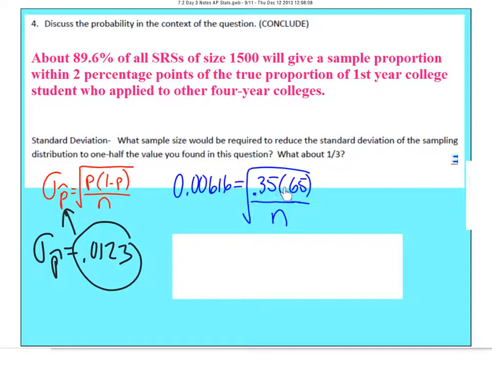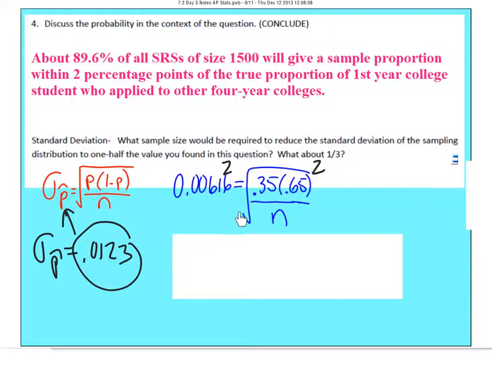I'm going to use the same information that we did. This was p, this is 1 minus p, and this is n. They want to know what the sample size should be to have less variability. Our sample size here was 1,500, and I want to be half as variable. So what should it be? Let's solve it. To solve this, a good way to go through it, if you're not strong in your algebra, is to square both sides.